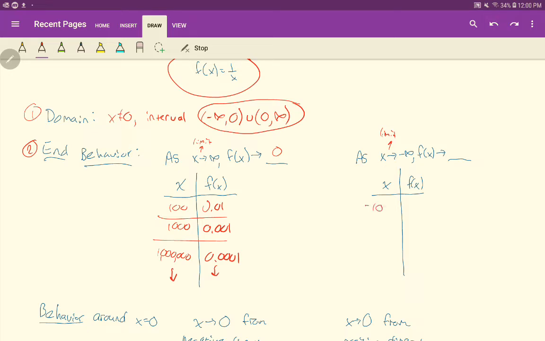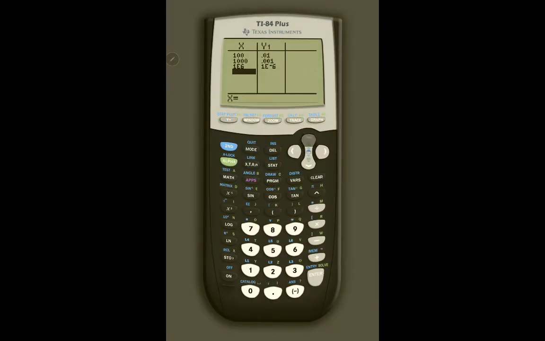So let's try negative 100, negative 1,000, negative 1 million. Again, we'll go back to our graphing calculator here. I'll change all these to be negative 100, negative 1,000, and then negative 1 million.